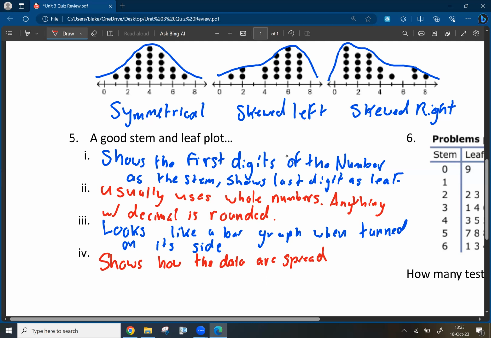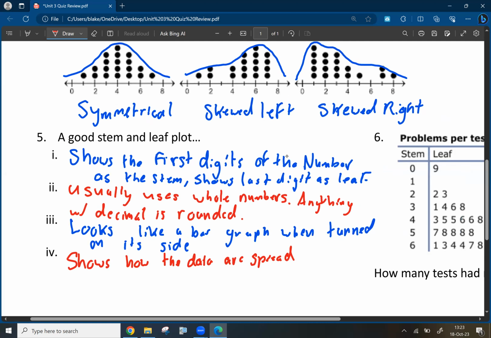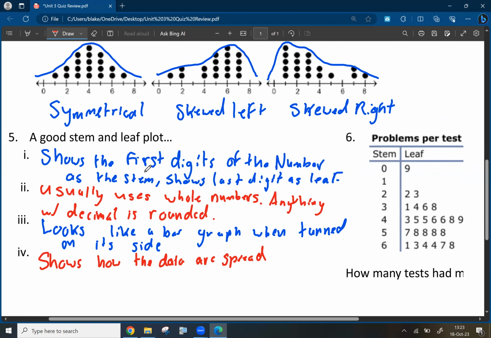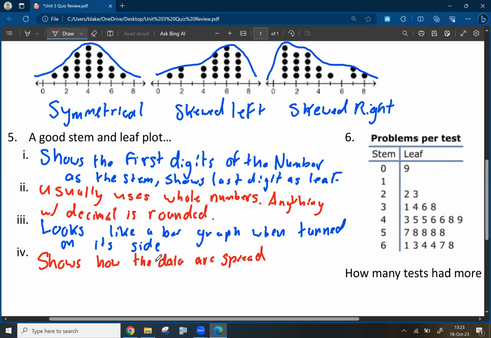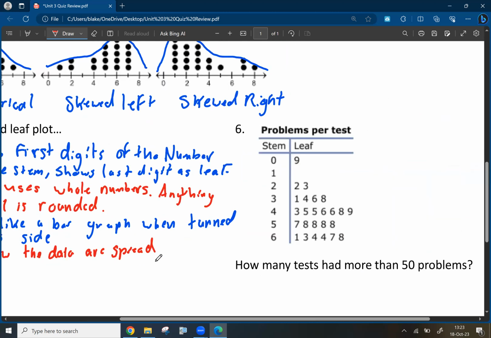Anything I want to add to that? Not really. Let's just keep it at that. Okay. So we know those 4 facts. This is memorization. Make sure you read those and recognize them on tomorrow's quiz.